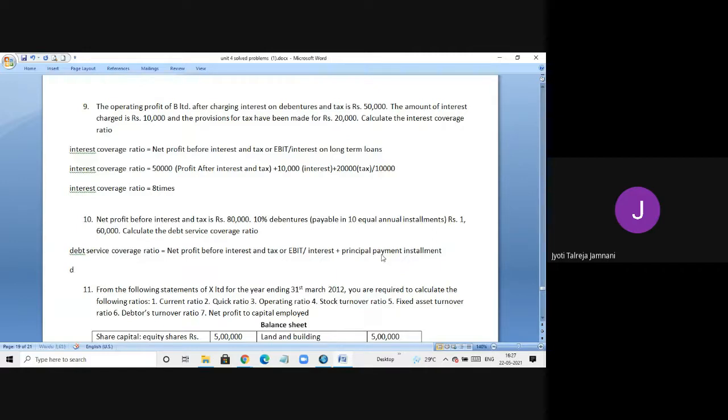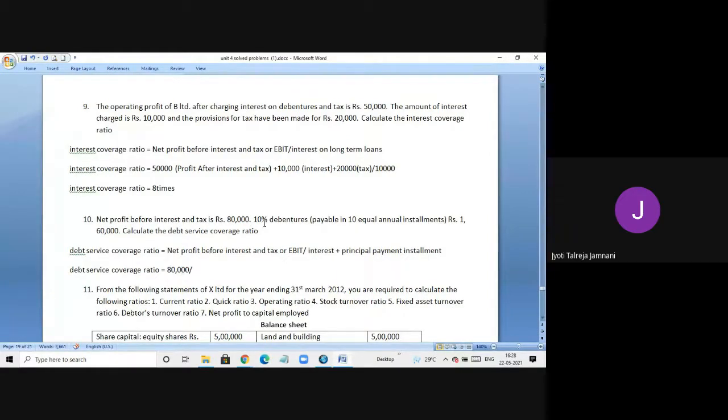Okay, so debt service coverage ratio is equals to net profit before interest and tax. It's given here. Net profit before interest and tax is 80,000. So 80,000 in the numerator divided by interest plus principal payment installment.